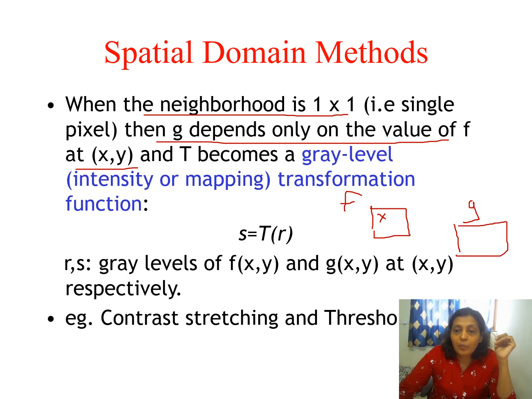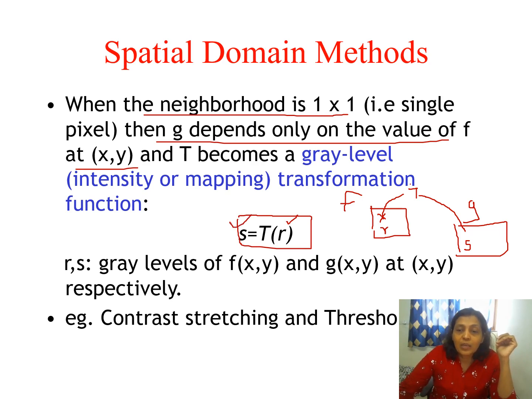We are going to apply some transformation function on this so that we'll get a new value at that particular location. The input gray level value is always represented by r and the output gray level value is represented by s. This you have to remember: s is equal to T of r. We apply some transformation function on the input gray level value so that we get the corresponding output gray level.